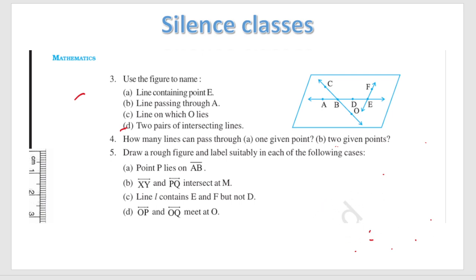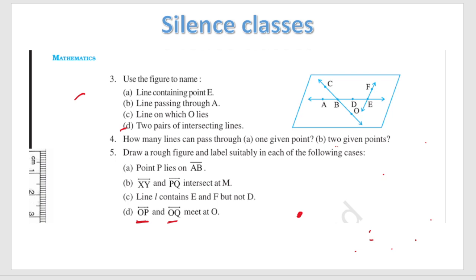Now what is the last question saying? Lines OP and OQ meet at O. Just look at the question carefully. Means there are lines OP and OQ, and O is common, so we put a point over here.